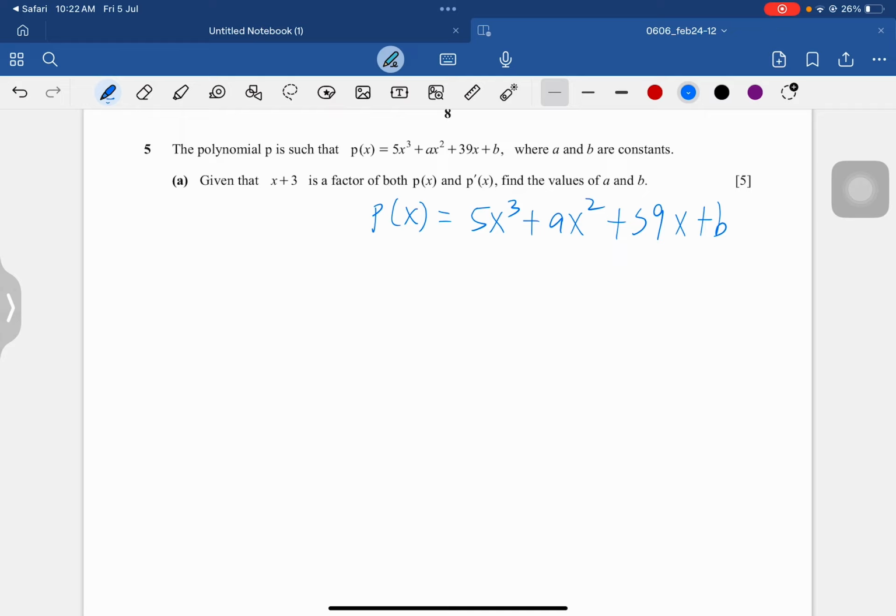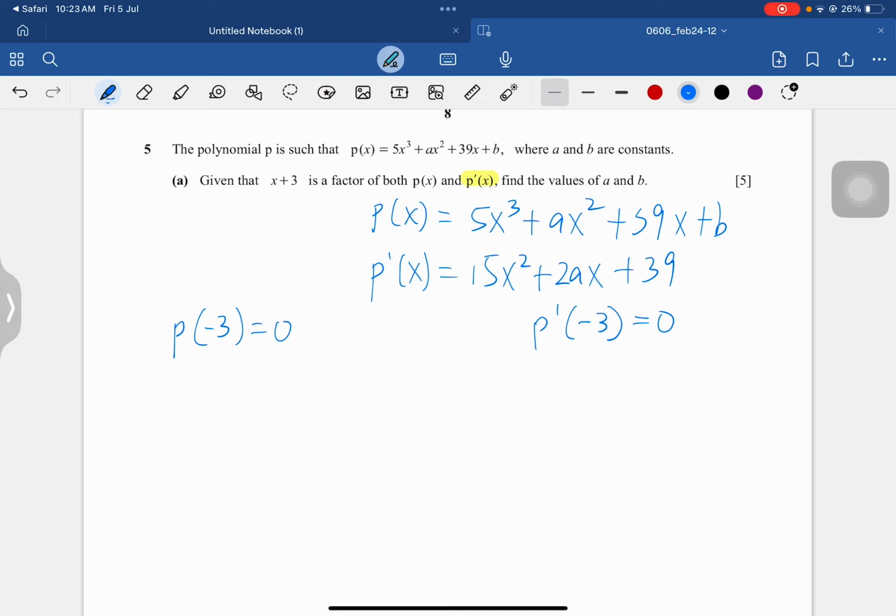And you definitely spot a p prime x, which is the derivative. p prime x is going to be 15x squared plus 2ax plus 39. And they mentioned x plus 3 is a factor for both p(x) and p prime x. So you should understand p(minus 3) should equal to 0 and p prime(minus 3) should equal to 0 as well.